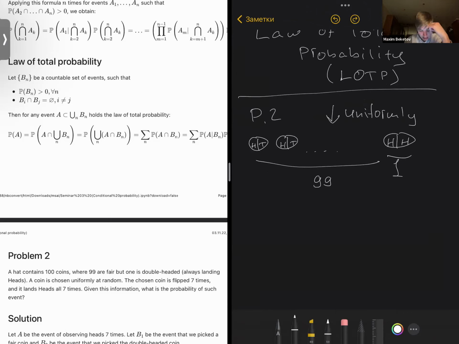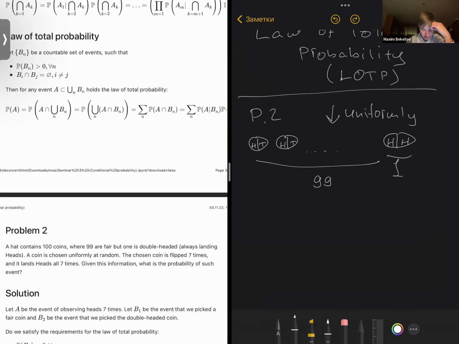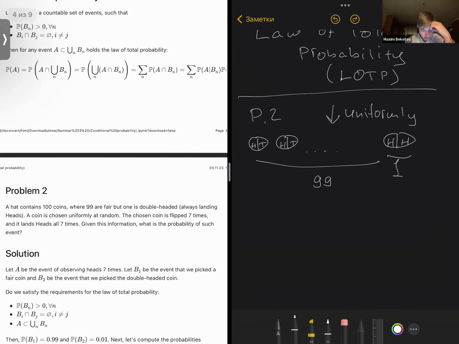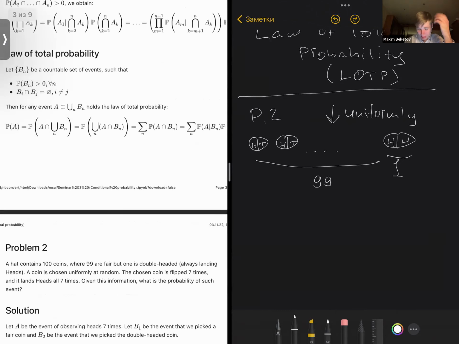Okay, let's have a look at what events are handy to introduce here. Let's introduce an event B_i.